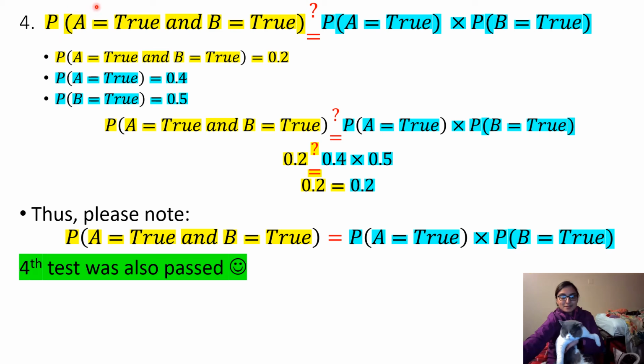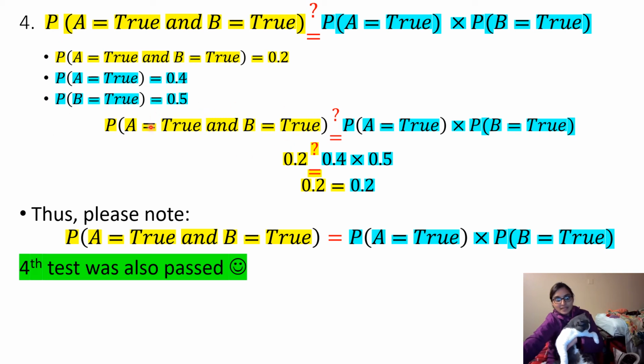Is the probability that both A and B are true, A is true and B is true, equal to the probability A is true multiplied by the probability B is true? So it's true for A, true for B. We know that the probability A is true and B is true is 20%, again from our table, and that A has a 40% probability of being true and B has a 50% probability of being true.